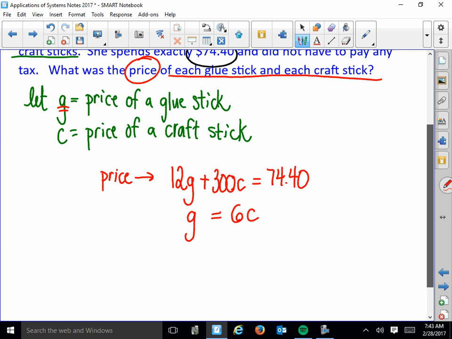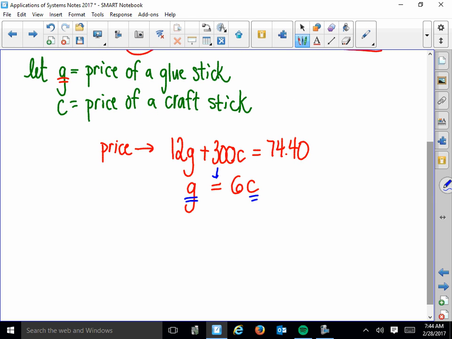G represents the price of the glue sticks, cost translates to an equals, 6 times the cost of a craft stick. So we are going to use substitution because these two equations are not in standard form. The nice thing is that our second equation is set up perfectly for substitution.